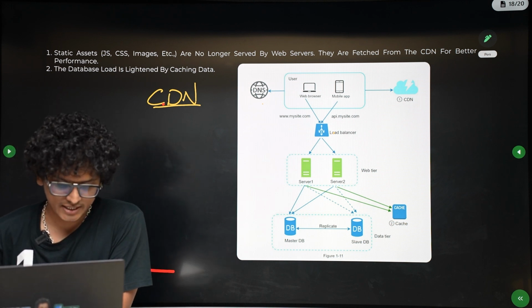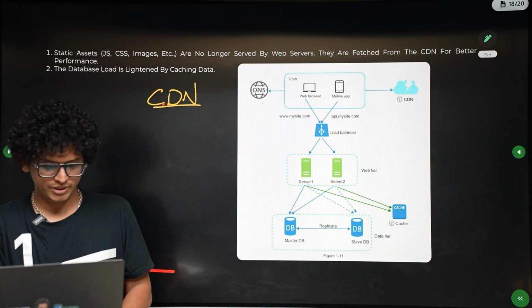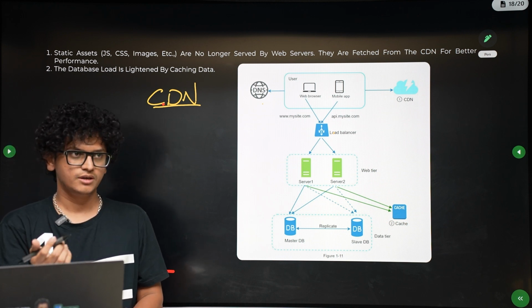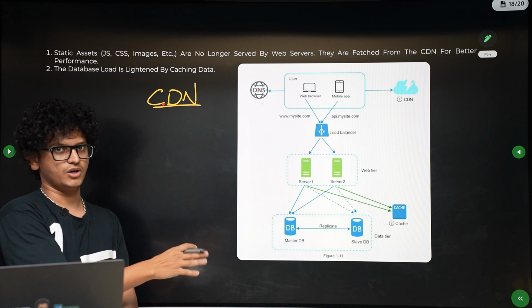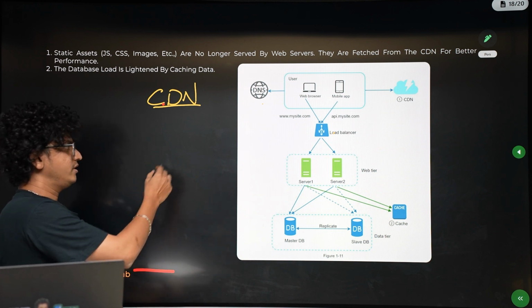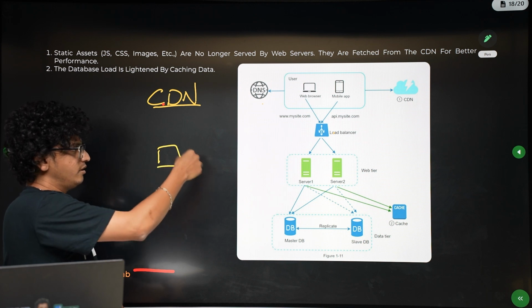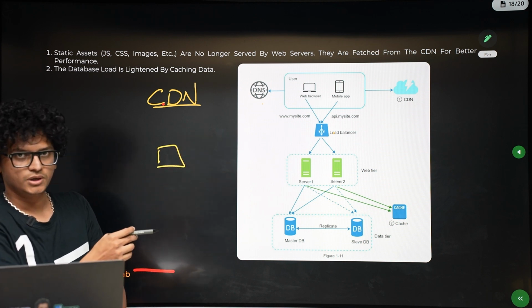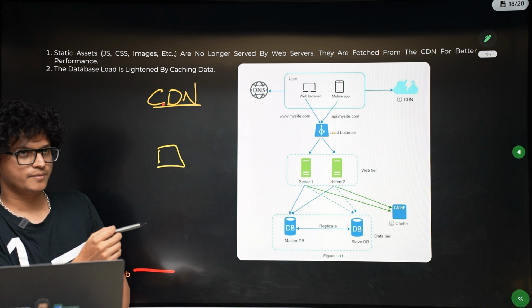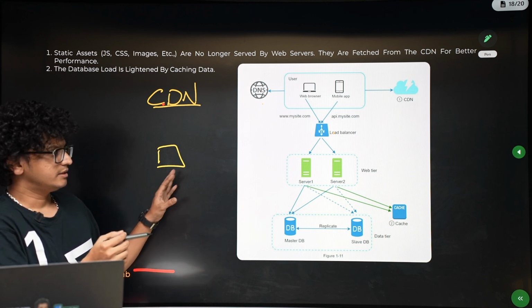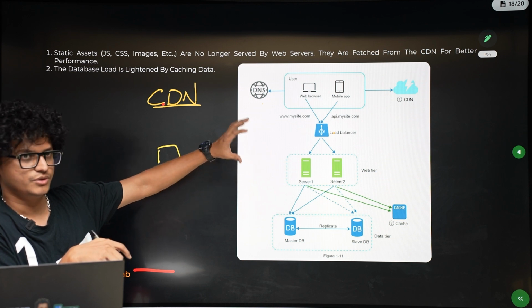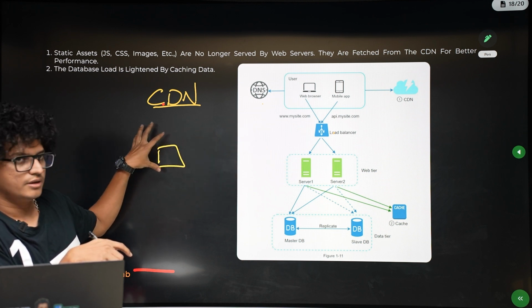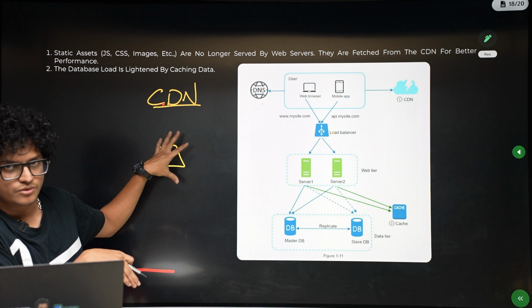CDN services are mostly used in Netflix and Amazon, where the master data holds the content and people all over the world access it. This kind of server setup is used for OTT platforms.